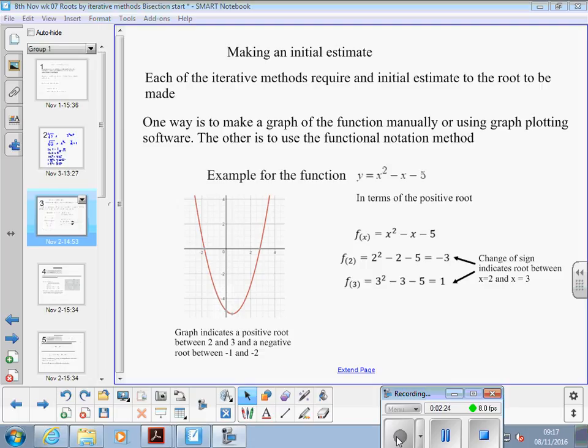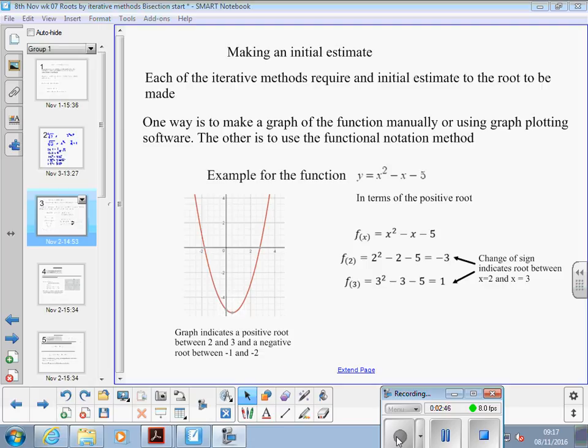So if we look at this function here, y equals x squared minus x minus 5, we can estimate from the graph that we've got a root between x equals 2 and 4. In fact, between 2 and 3, you can see from the graph.